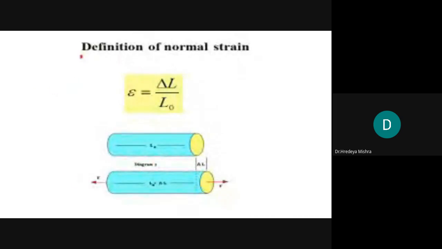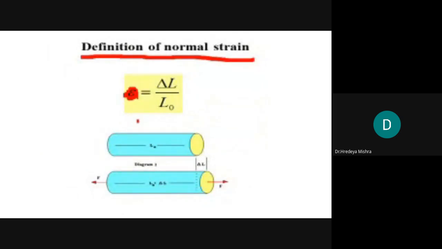Now, defining the normal strain. We talked about the normal stress, now we talk about the normal strain. Epsilon is the representation of the strain.